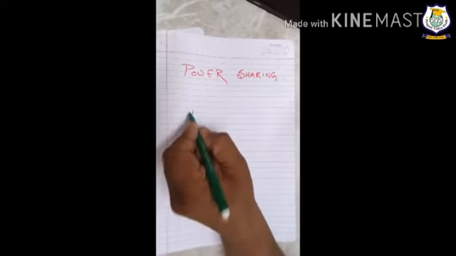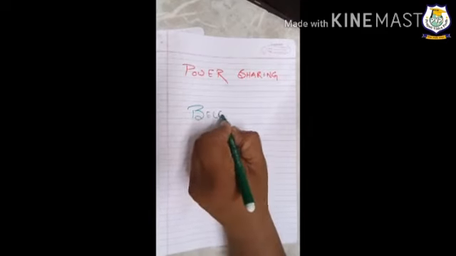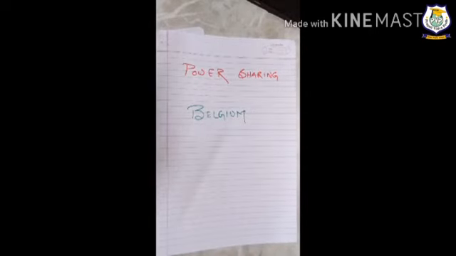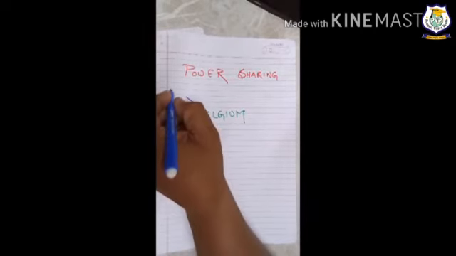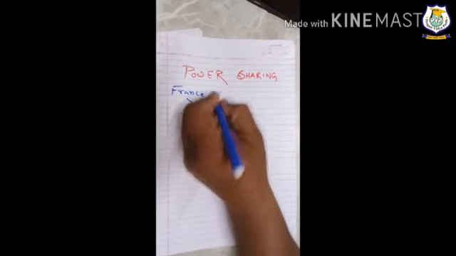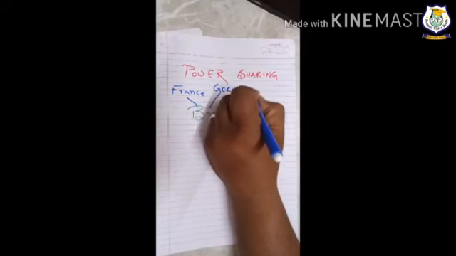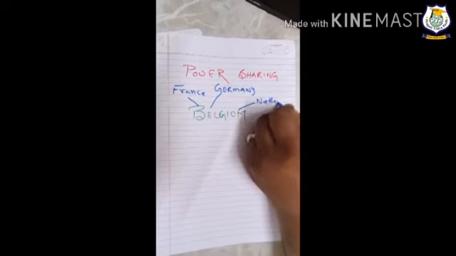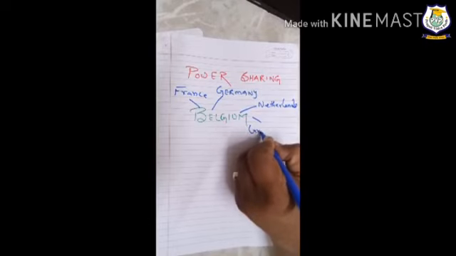We take an example of a nation called Belgium. So Belgium is a small nation in Europe, and it is bordered by France, Germany, Netherlands, and Luxembourg.